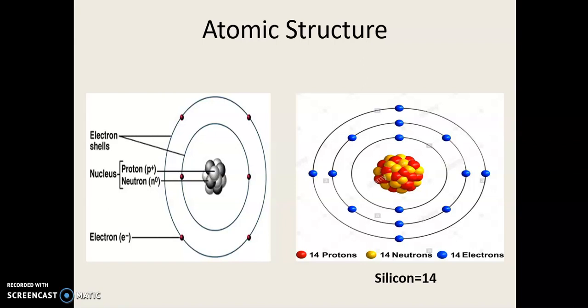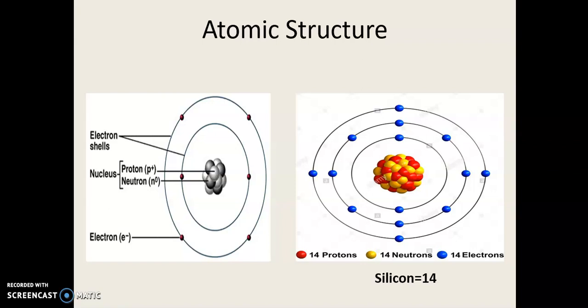Now, as we said, in an atom the number of protons is equal to the number of electrons. Right now, this is the atomic structure of silicon. If I want to draw the atomic structure of silicon, we are supposed to know its atomic number. The atomic number of silicon is 14.